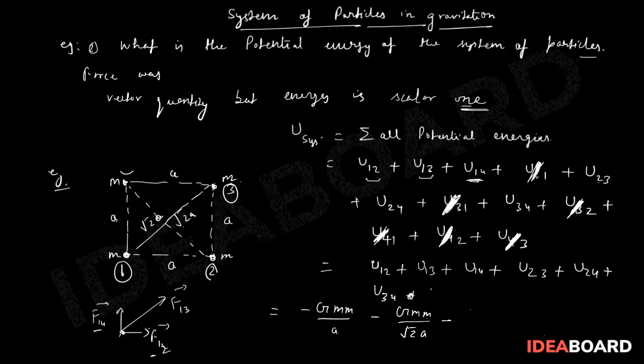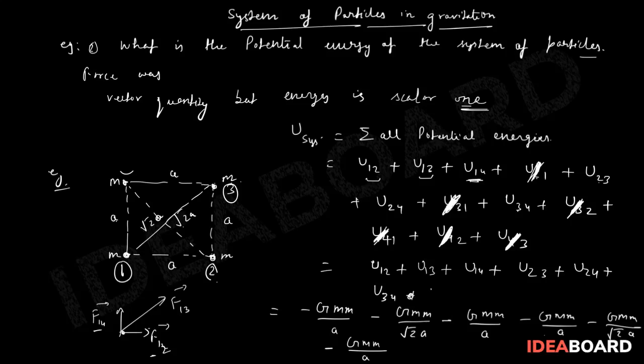Further for 14, minus GMm upon a. Now talking about 23, minus GMm upon a. If you talk about 24, this time this will be minus GMm upon root 2a, correct? And the one which is left out, which one is 34, so this is minus GMm upon a.